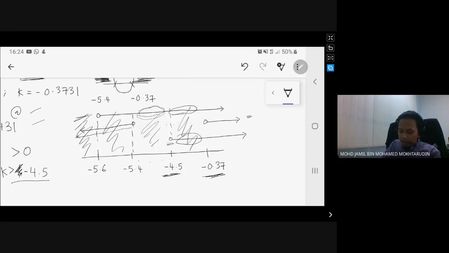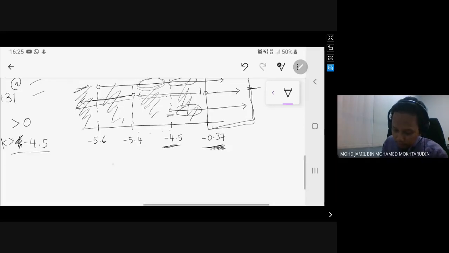And for the range bigger than minus 0.37, here you get all the lines intersected, okay? All the range here is intersected because this line is in the same alignment with the second line here. So it's still considered part of the range. So here you know that this is the correct range.